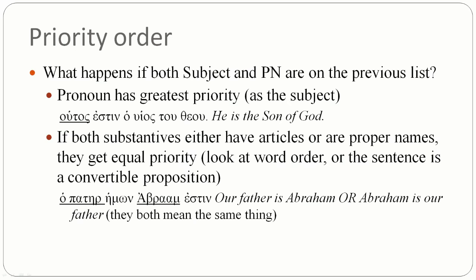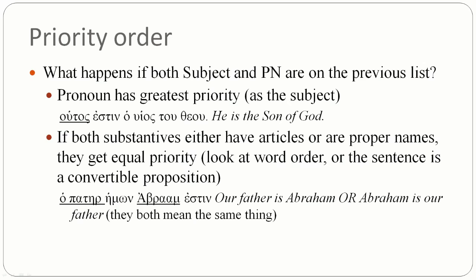Convertible proposition. Our father is Abraham. Does that mean something really different than Abraham is our father? I don't think so. They both mean about the same thing. But if you really had to choose, go with ho pater because it's first.